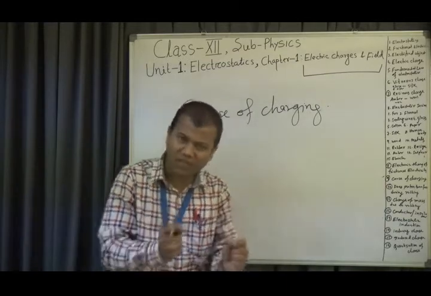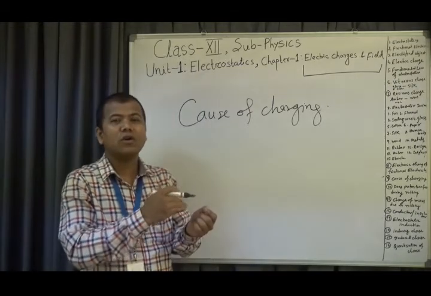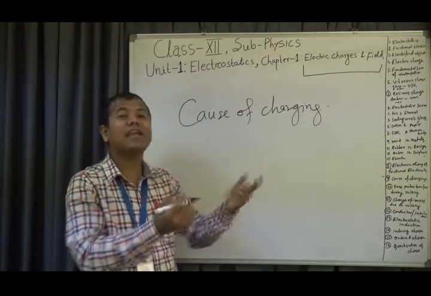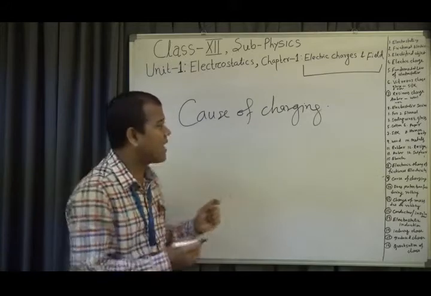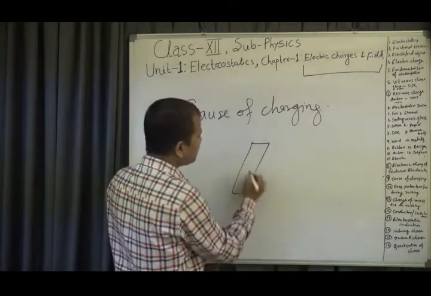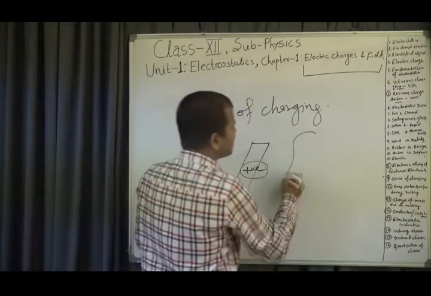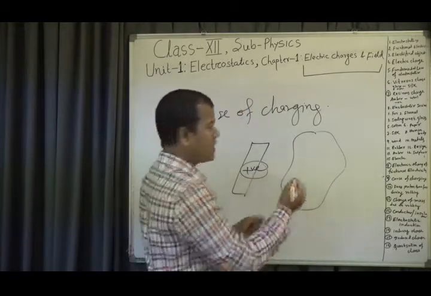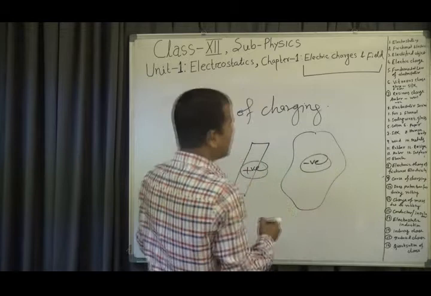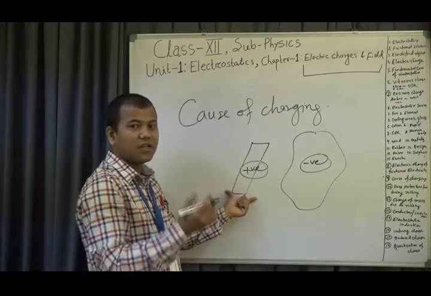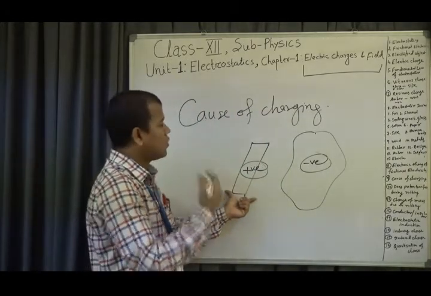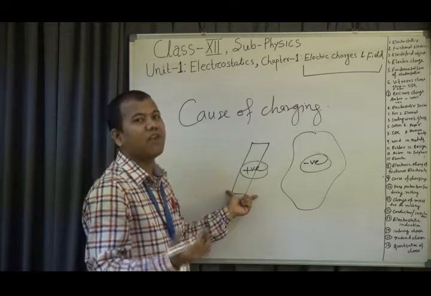They are charged due to loss of electrons and gain of electrons. So that glass rod has been charged positively and that silk cloth has been charged negatively. That means just loss of electrons and gain of electrons.